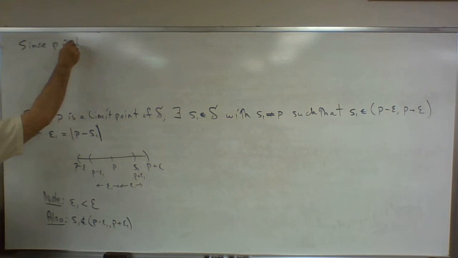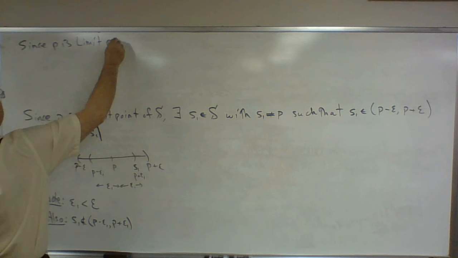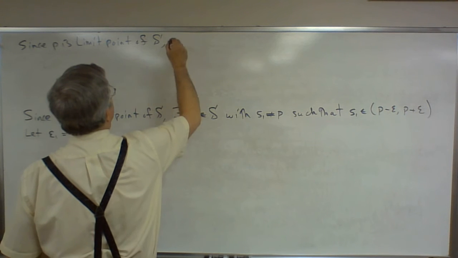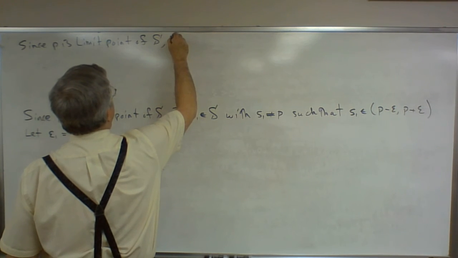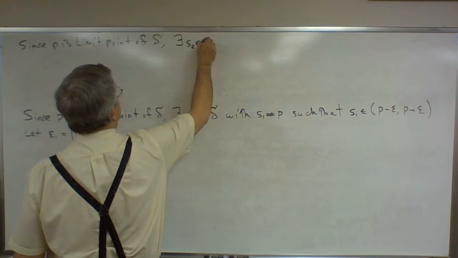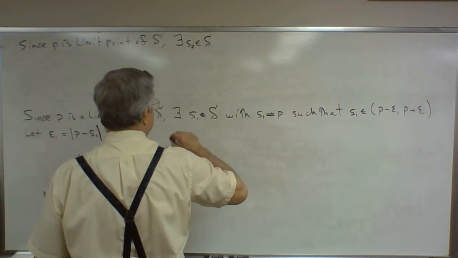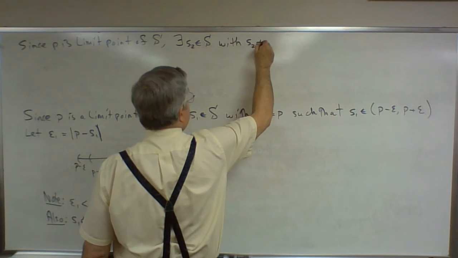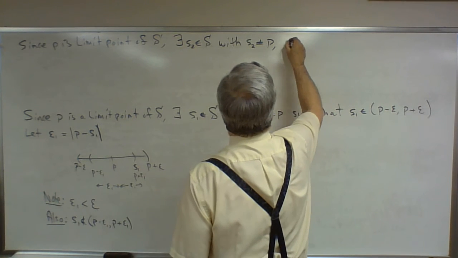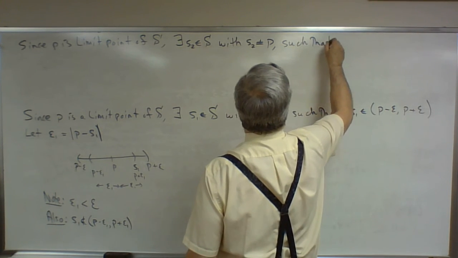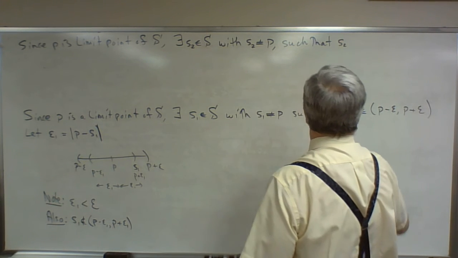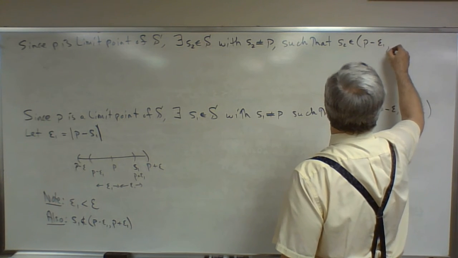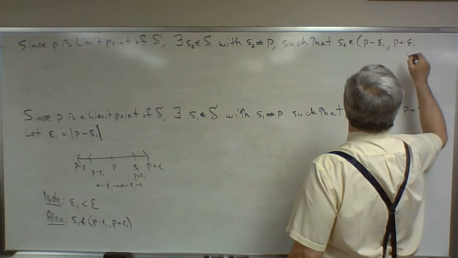Since P is a limit point of S, there exists an element of S, we'll call it S sub 2, with S sub 2 not equal to P, such that S sub 2 is an element of P minus epsilon sub 1, P plus epsilon sub 1.